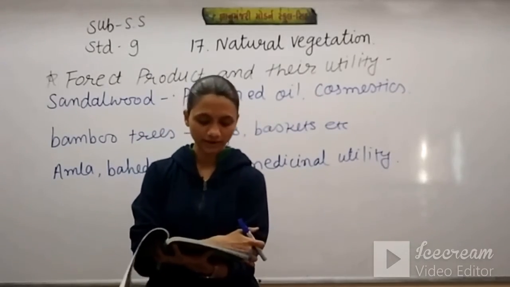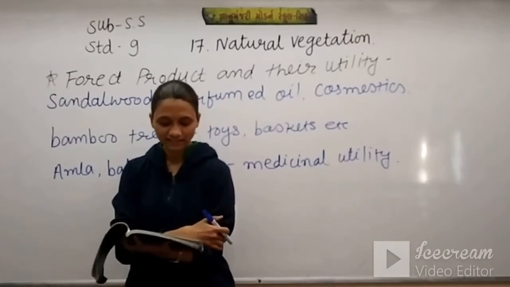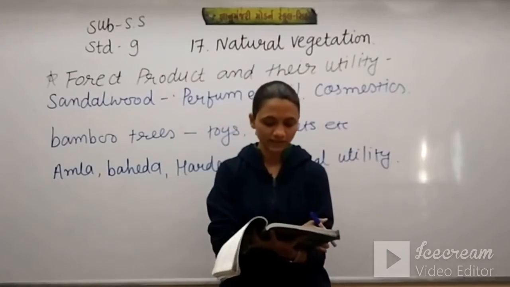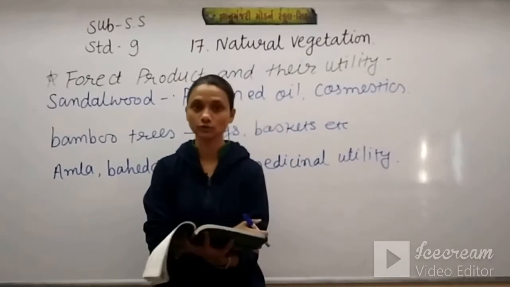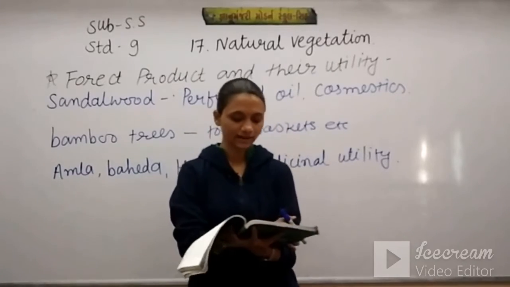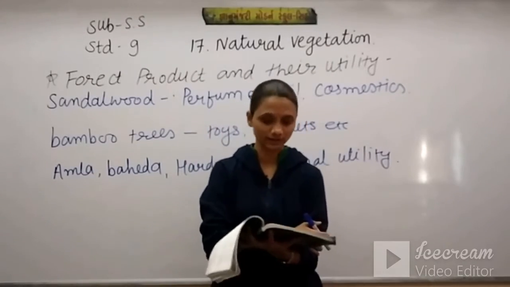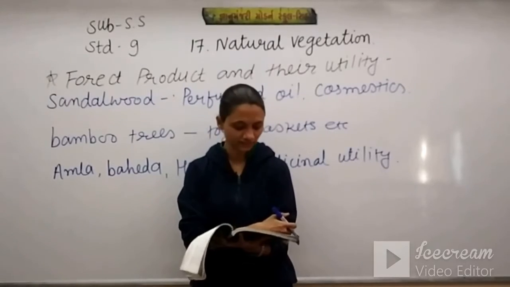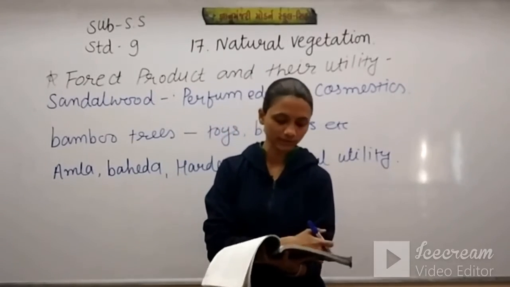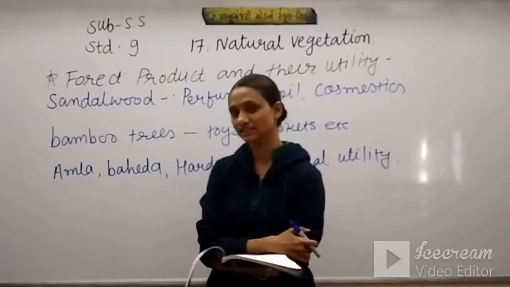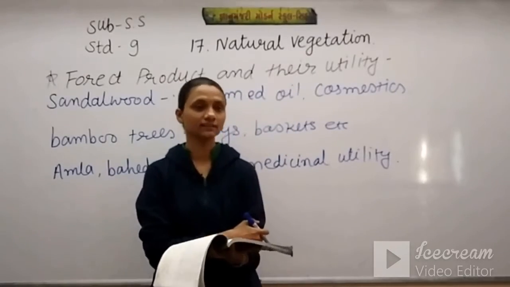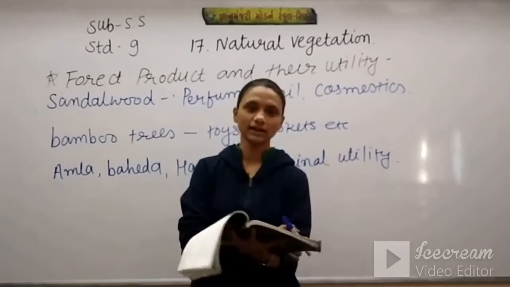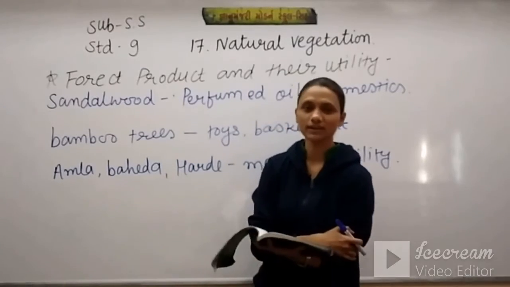Besides, leaf plates from khakro leaves, catechu from kher tree, and bidi from timru leaves are also prepared. Forests provide livelihood and food to forest dwellers. This way, forests contribute to the social and economic development of mankind as well as the country. We can see that the economic development of mankind or the country depends on forests.